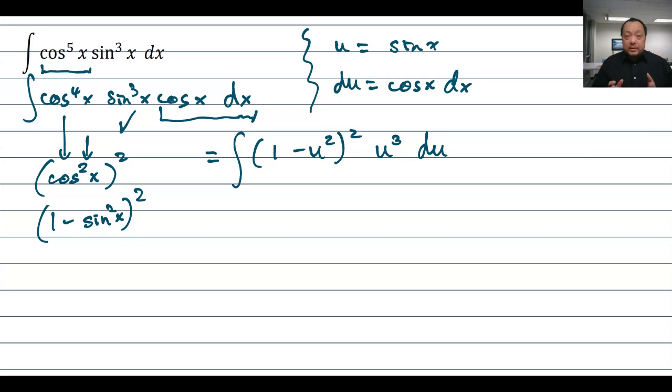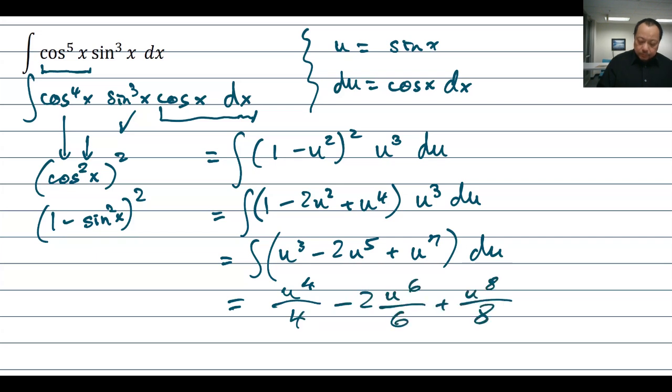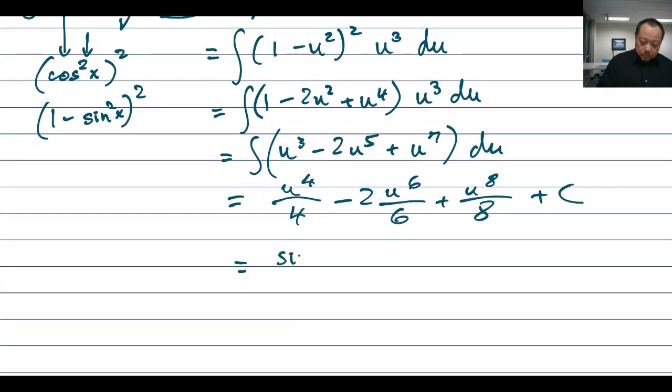The integrand is now just a polynomial, and I know how to do polynomials. Multiply this out and integrate. And then I take sine x, I substitute back. This becomes 1/3.